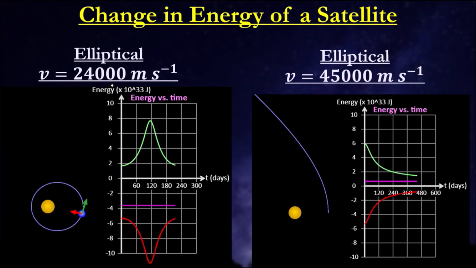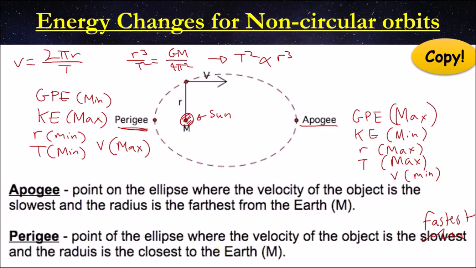than the circular orbit, we'll find that, as we talked about here, the gravitational potential here is at its maximum. The kinetic energy in this position is at its maximum here. Now there are some terms that we can use to describe these two points. Okay, so if you have a look here, the perigee in an elliptical orbit is the point where the velocity is at its fastest and the radius is at its closest.